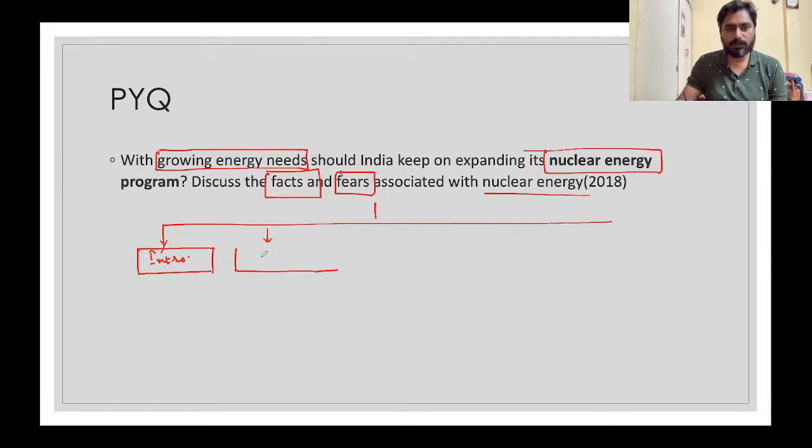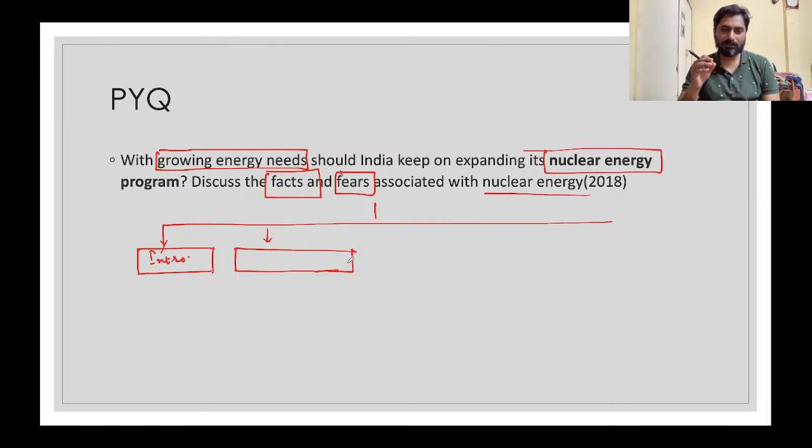What do you think should be the next subheading after your introduction? We are just taking a PYQ, but the idea is to go beyond this PYQ, to understand what type of questions have already been asked based on nuclear science and technology, and what more could they ask based on this.